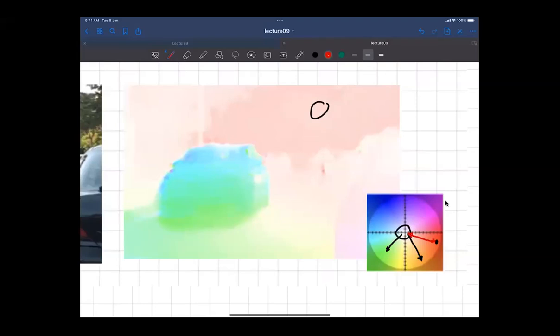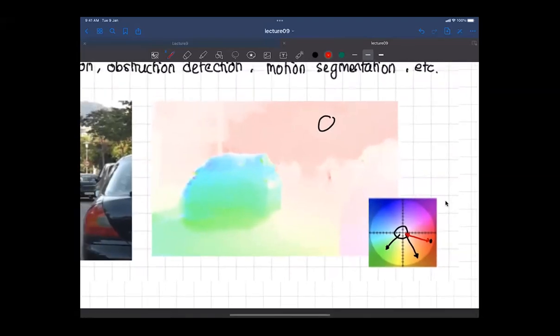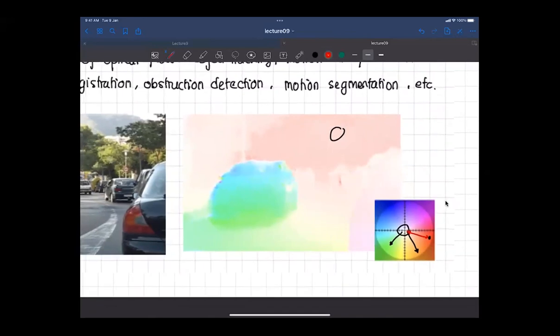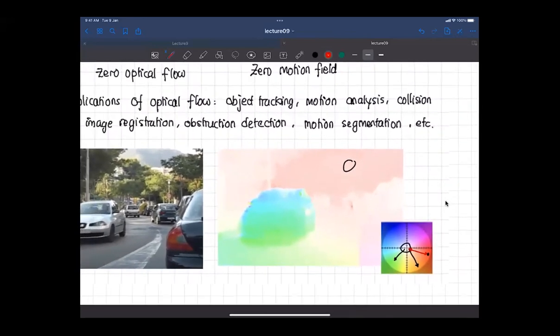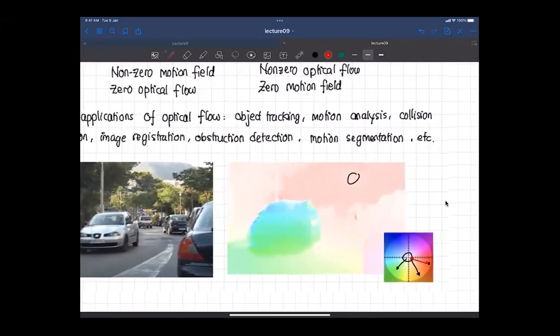So there are different pieces of information: the direction and also the magnitude. Any questions here on the color coding? If you don't understand, please ask, because this is very important. The whole discussion today will rely on this color coding.